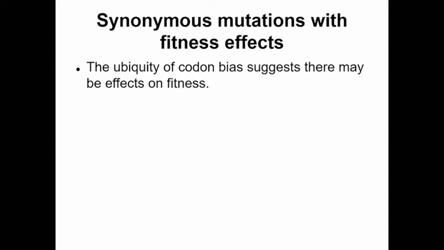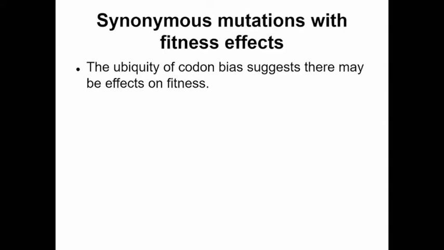However, there are lots of pieces of evidence that we've known about for years, and now in the last few years more really direct evidence, that this is not always, and maybe not often, a good assumption to make. One of the key things that comes up is that there is lots of codon bias, and this codon bias varies from species to species.